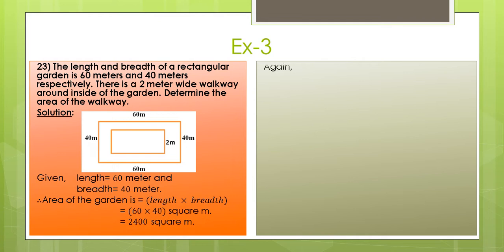Again, length of the garden without road, that means we have to subtract from 60 meter the 2-meter walkway multiplied by 2. Why? Because in the rectangular shape garden there are 2 sides of length.